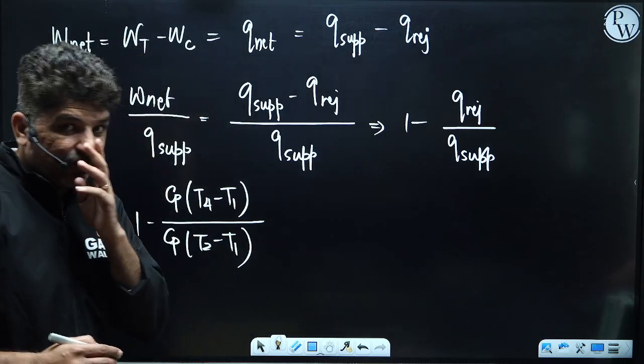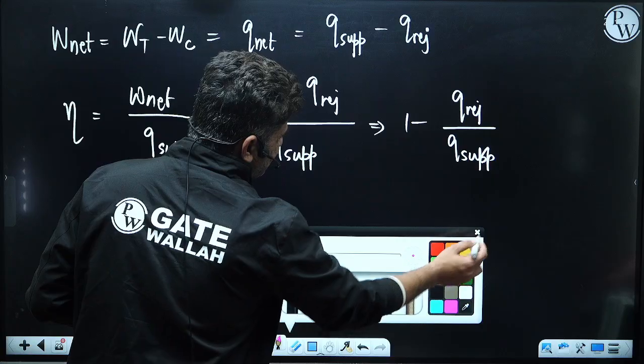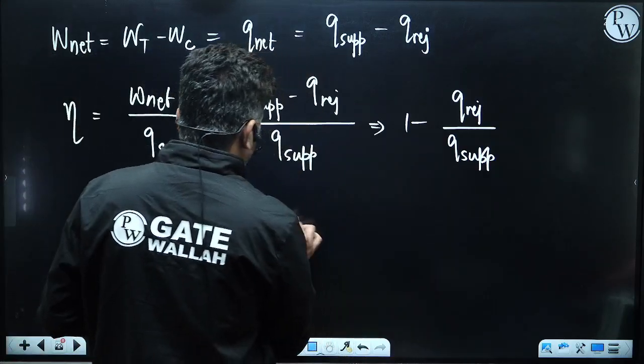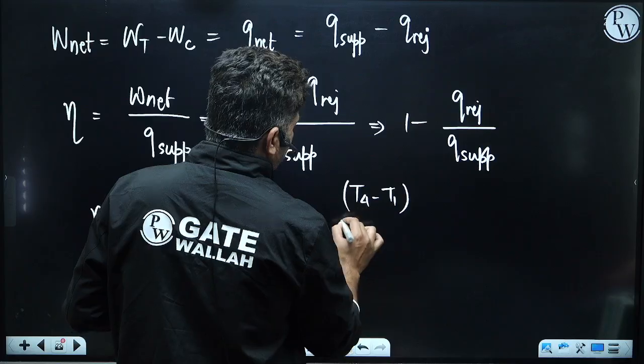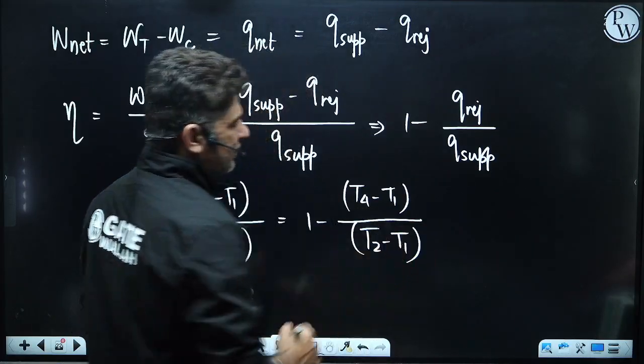Okay. So now you see that we can rearrange this formula. You see Cp will cancel out. Okay. And this relation will be equal to 1 minus T4 minus T1 divided by T2 minus T1.